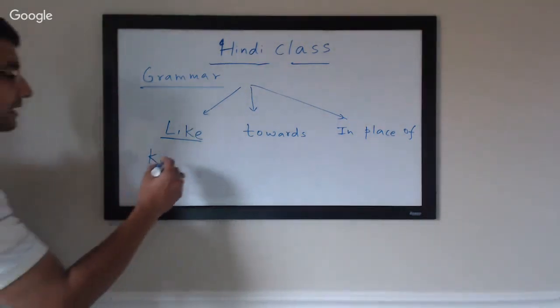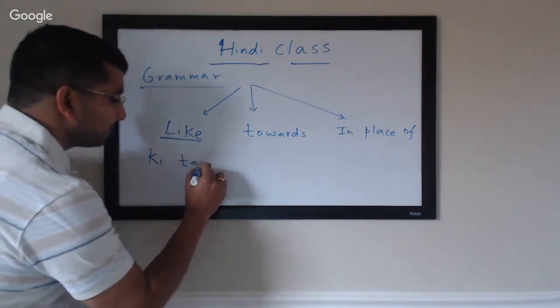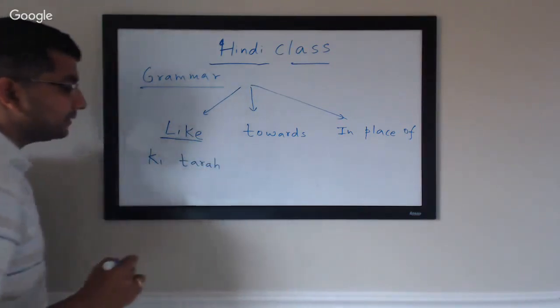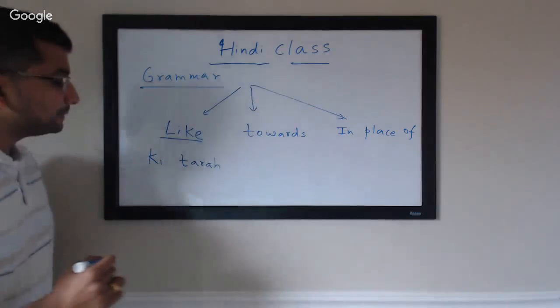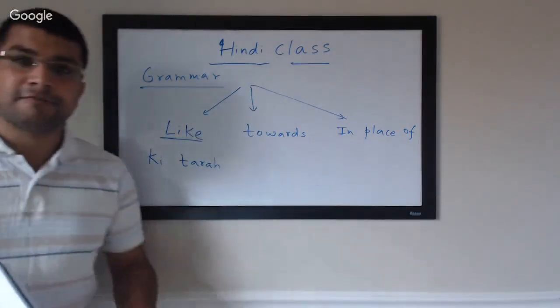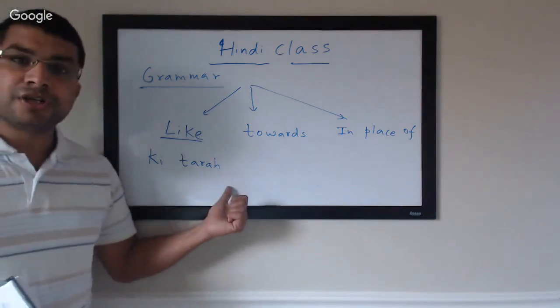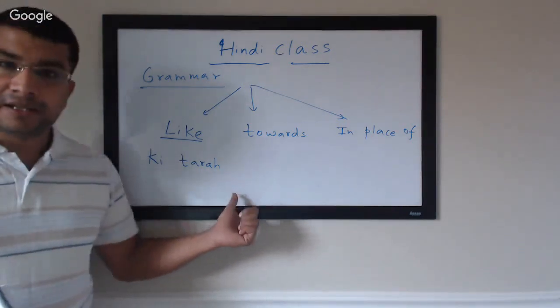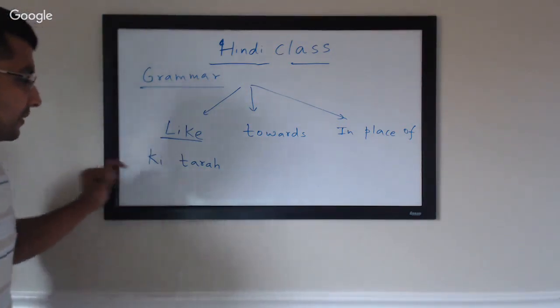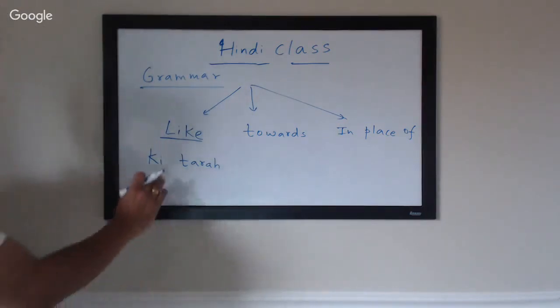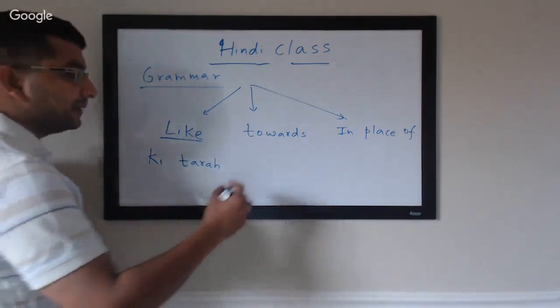So this one is ki tarah, right? For example, your voice is like someone's. It's like aapki awaaj, uski tarah hai. We will cover the example, but bear with me right now. The first one is ki tarah.